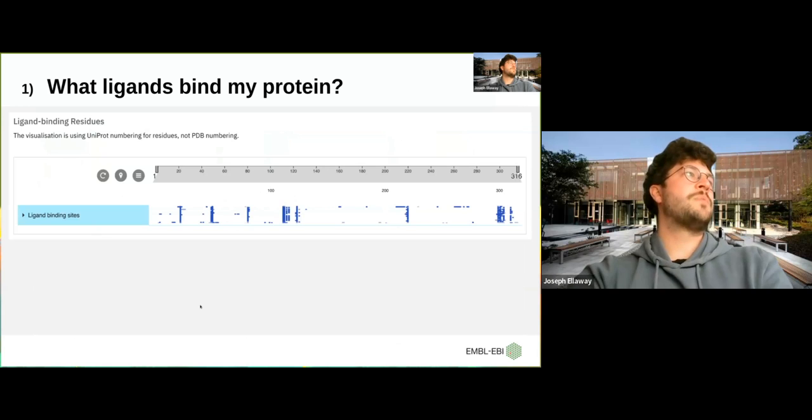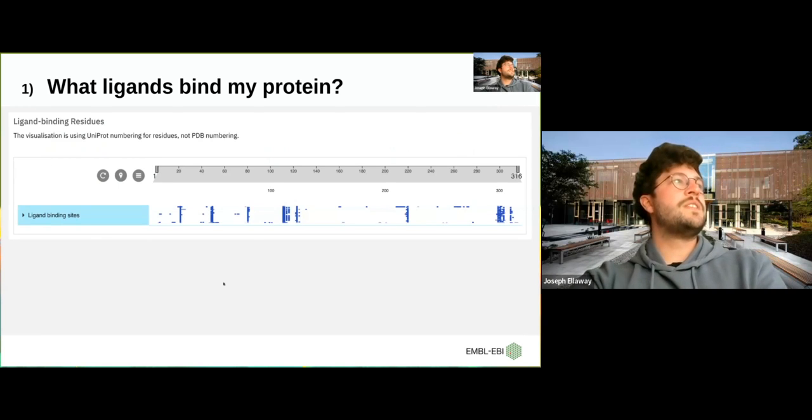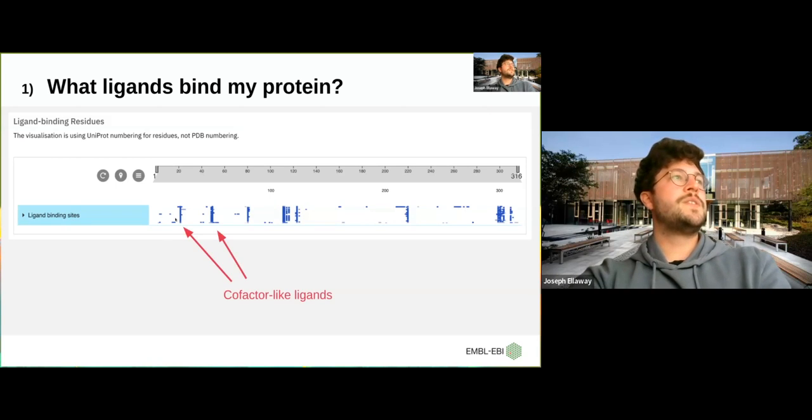If you scroll down the page, you'll also see a UniProt sequence viewer, where you can see the ligand binding sites for all of the ligands within the PDB archive. If you click on the ligand binding sites, you obviously get a lot of hits here. However, just to point out, these two bands in the heat map correspond to the cofactor-like ligands. So you can use this to really interrogate all of the structures from the archive for this given protein in one place.